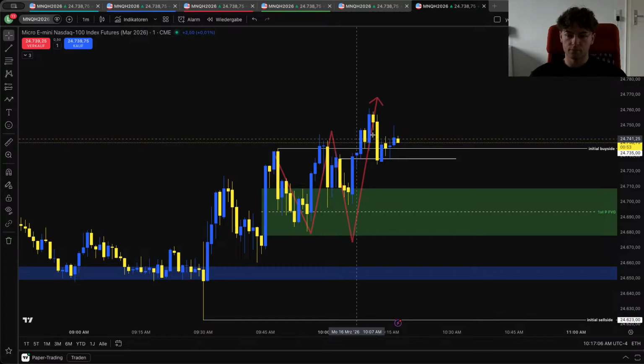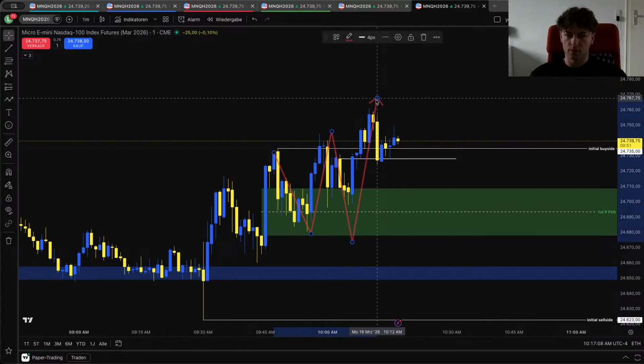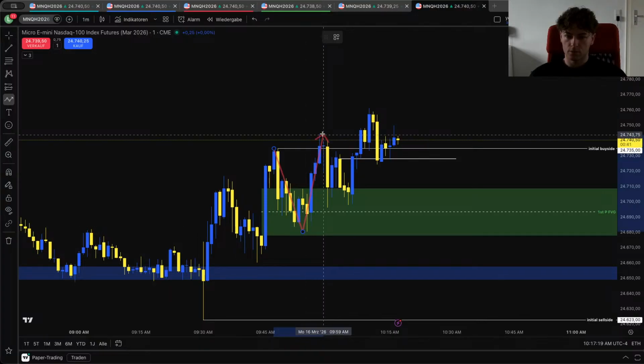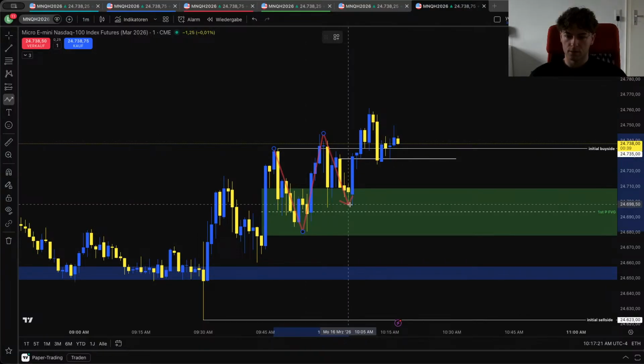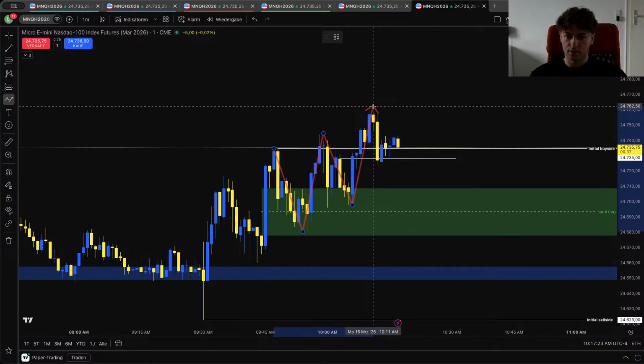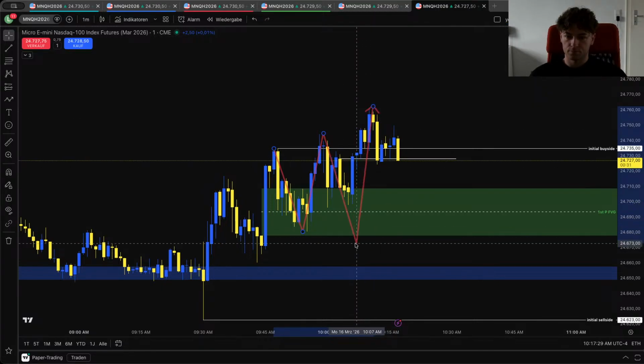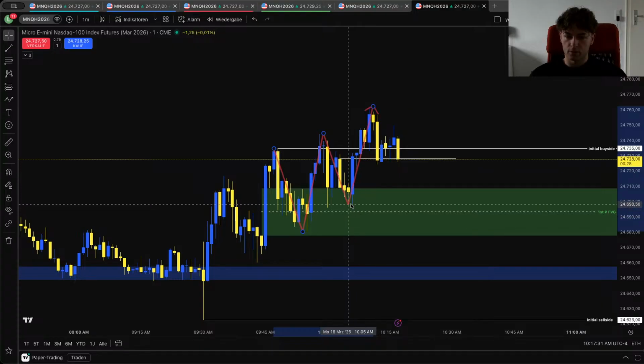Okay, now put it the other way around. If you are bearish, you have high, low, higher high, higher low, higher high. Now you would want to see price make the low not in here, but in here.